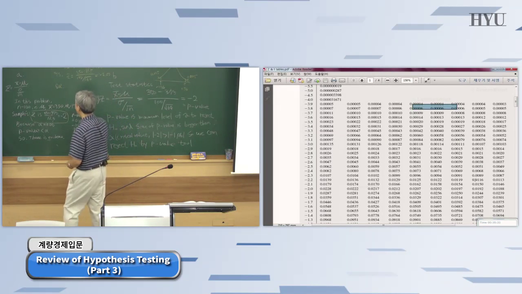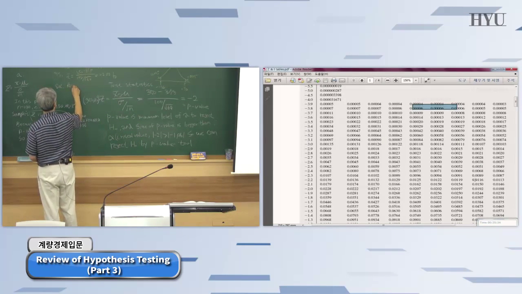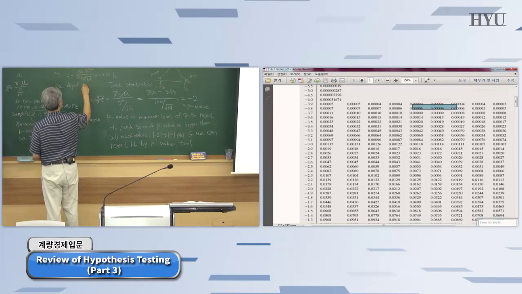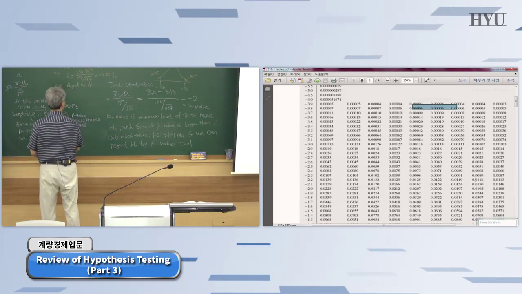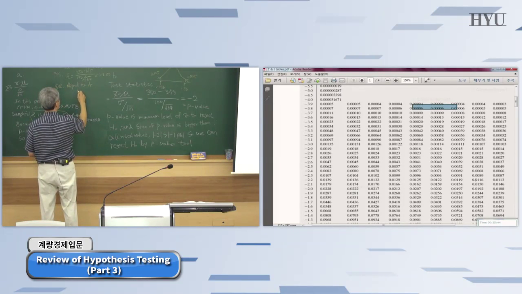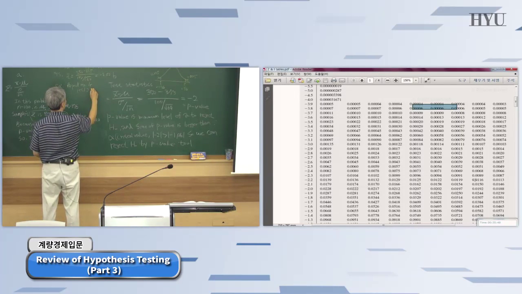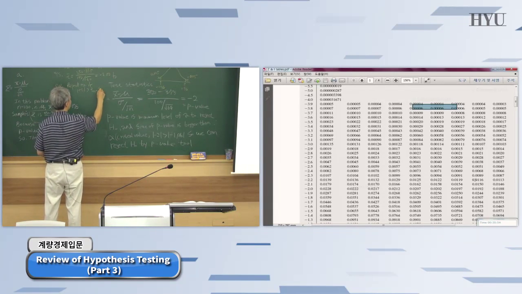So you can say reject the null hypothesis if, there's an easier way to do that. You can say the absolute value of the test statistic is greater than z.025, which is 1.96, right?